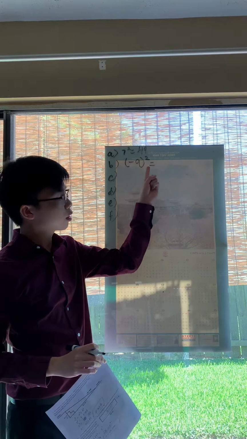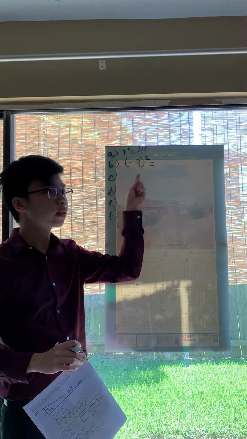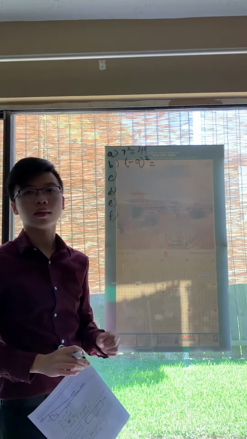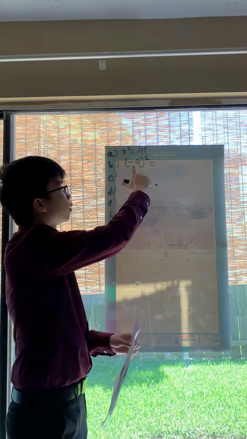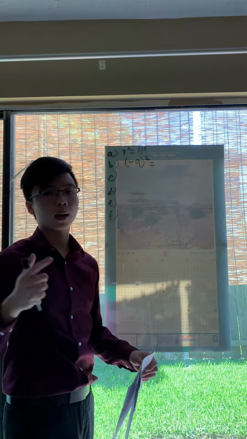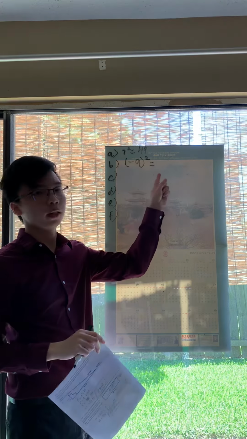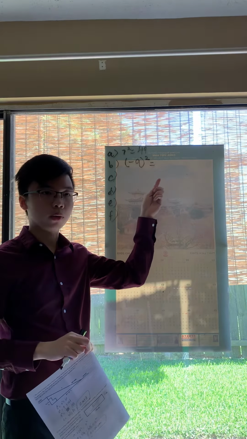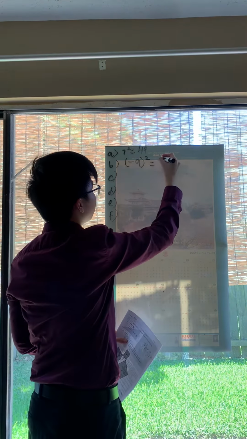If you plug this into the calculator, be sure to put the parentheses outside of the -9, okay? So that way the calculator knows that you're doing the -9 first before you square, okay? Otherwise, the calculator will give you -81, which is incorrect, okay? So we take -9 squared, that's 81.